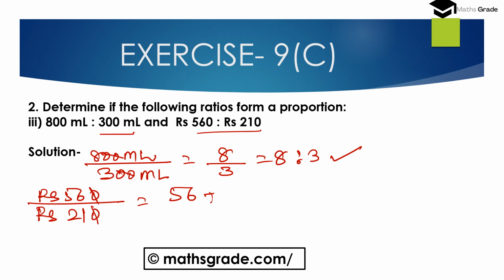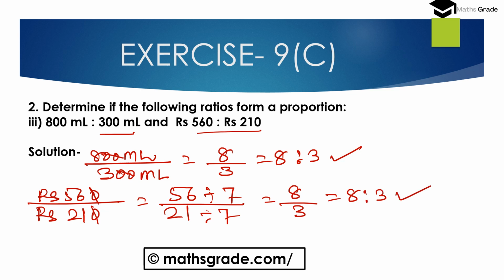Divide the antecedent 56 by 7 and the consequent 21 by 7. 56 divided by 7 is 8 and 21 divided by 7 is 3. Now we got 8 is to 3. Both the ratios are equal, that is 8 is to 3. So these ratios form a proportion.